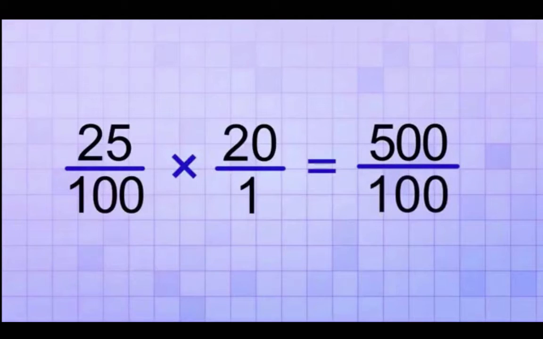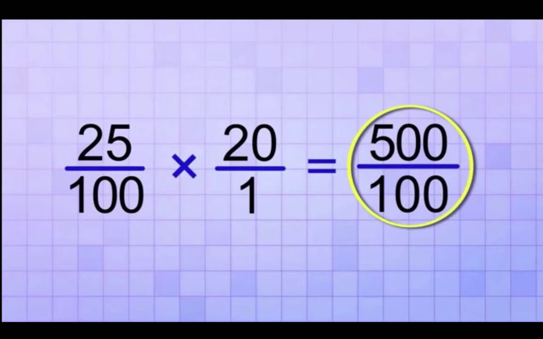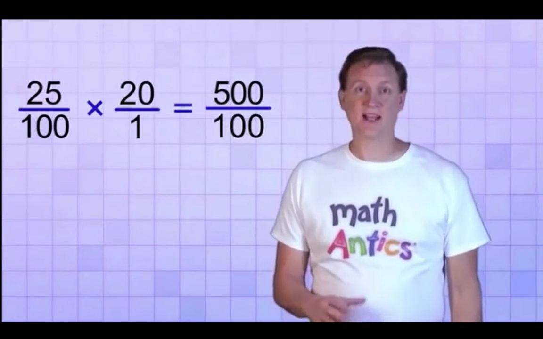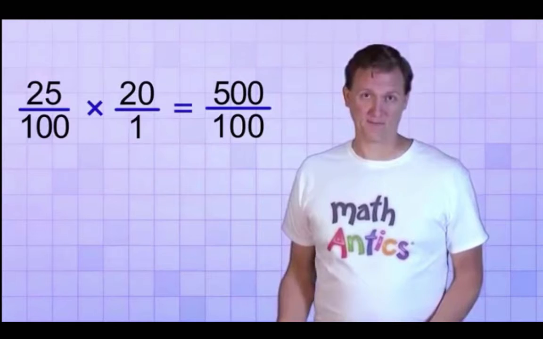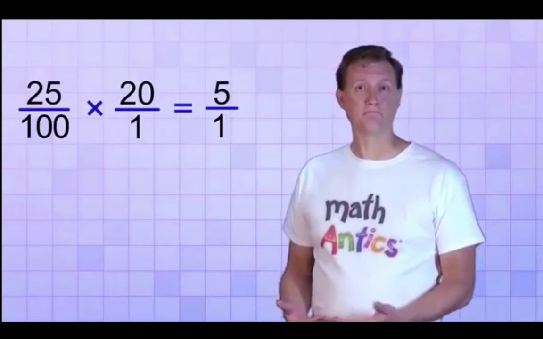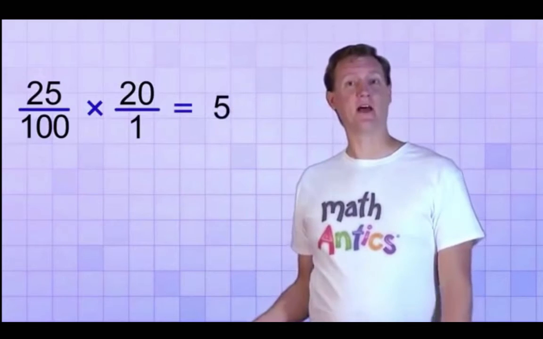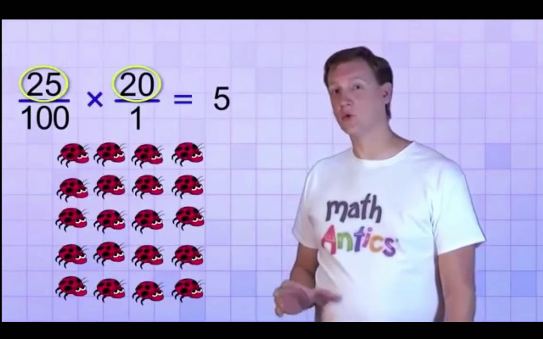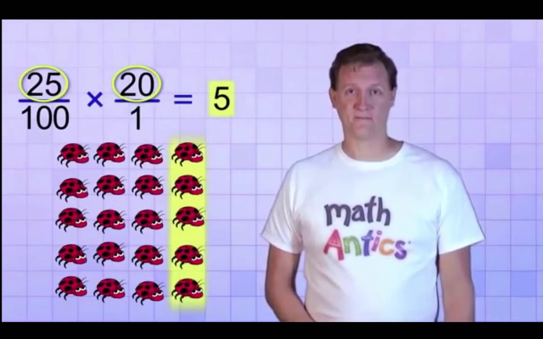So our answer is 500 over 100. Now 500 over 100 might seem like a strange answer, but that's just because we still need to simplify it. 500 over 100 simplifies to 5 over 1, and 5 over 1 is just 5. That's much better. So 25% of 20 is 5.